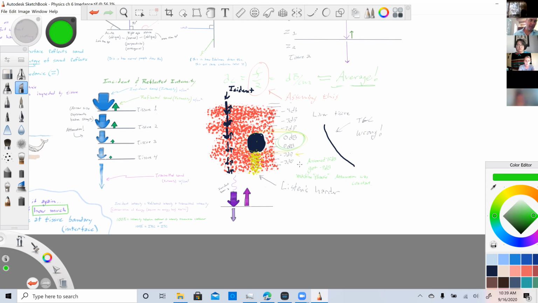Chapter 6. I want to get back to chapter 6. If you guys don't mind, I'm going to do some big time erasing here because that is not chapter 6.